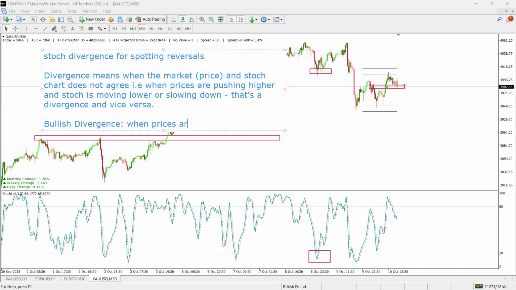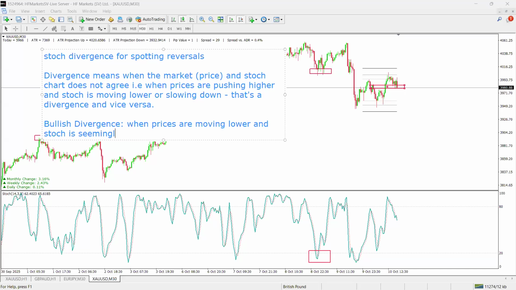Because it's a reversal, when prices are moving lower and stock is seemingly moving higher, we have a bullish divergence.